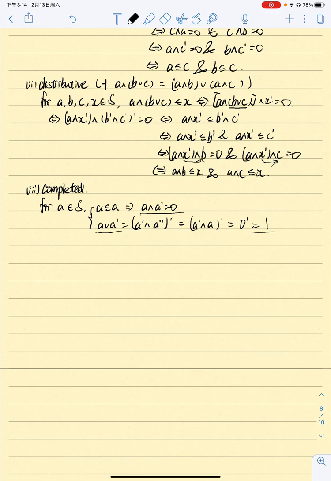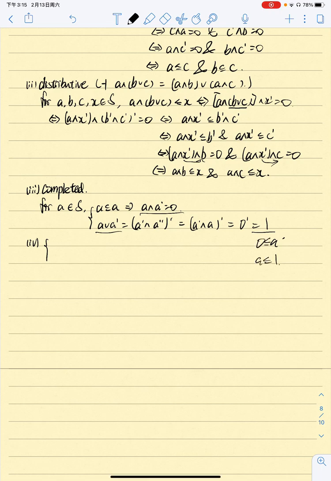And the last one, we should show every element in S is between 0 and 1. That means we need to show first A bigger than 0 and smaller than 1.